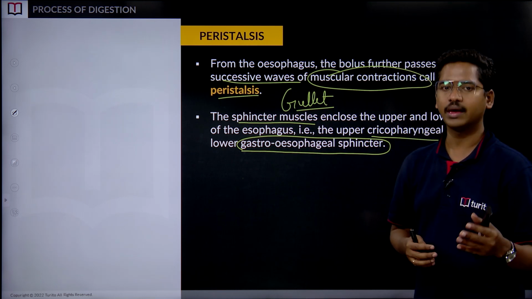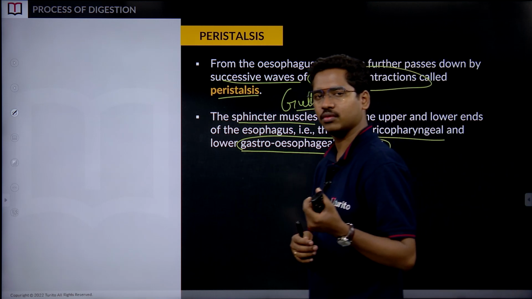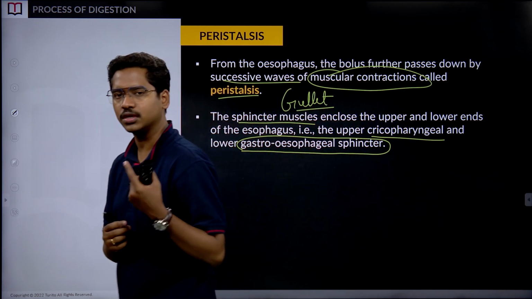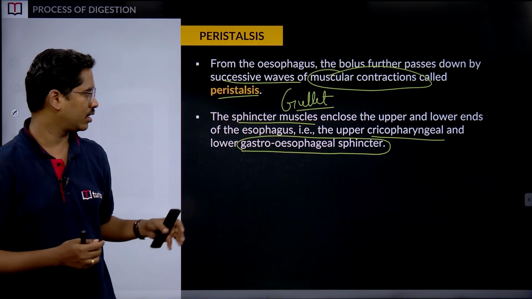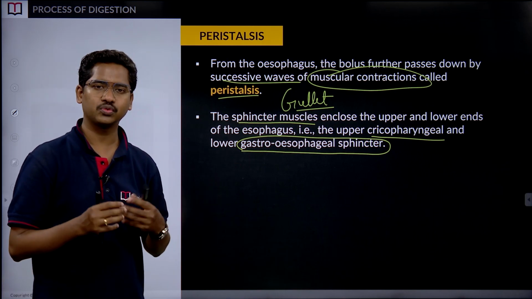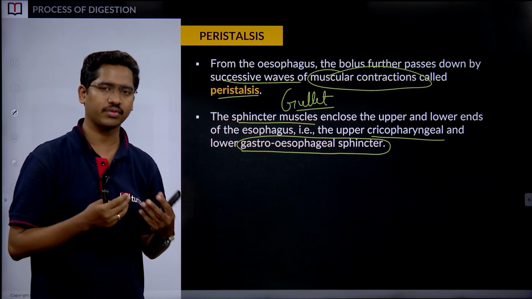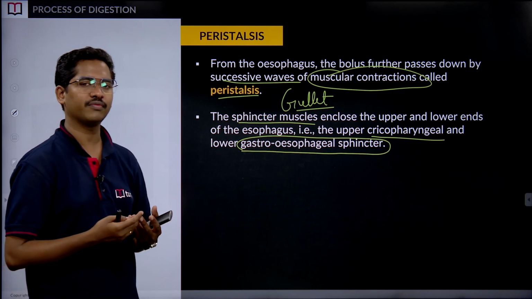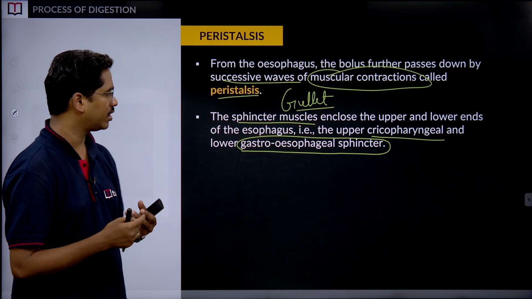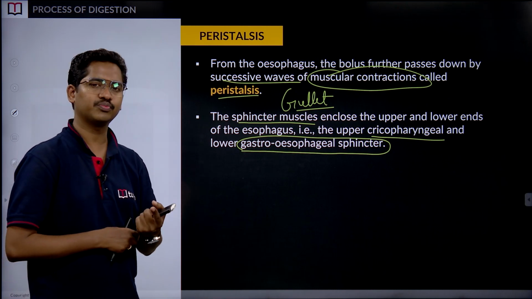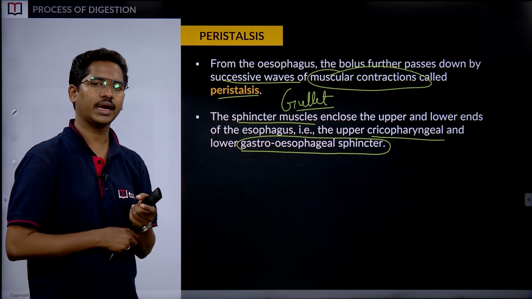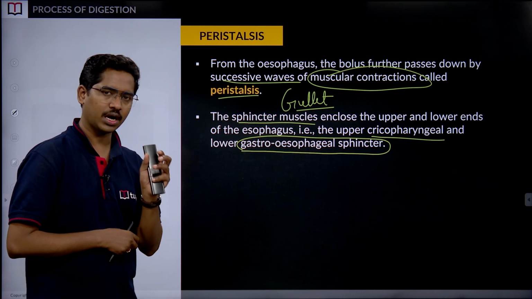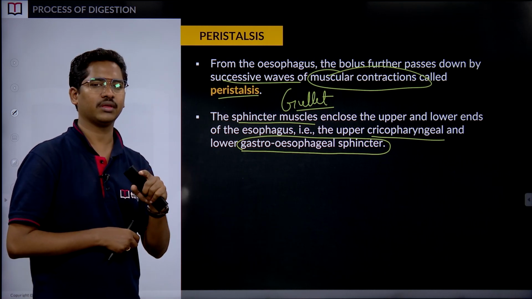It passes the bolus bit by bit, because the digestion has to occur in a process, and most of the stuff has to get digested. That is why we have to chew the food properly, so that most of the carbohydrates are digested in the buccal cavity itself.